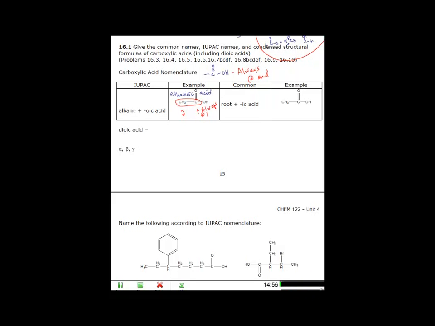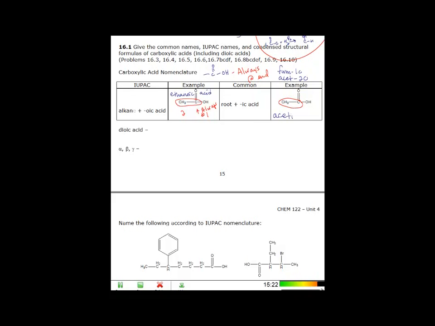Your common nomenclature is kind of restricted since we don't know that many roots. Remember, the root form is 1 carbon, acet is 2 carbons. So this example has 2 carbons. So that's going to be acet plus ic acid.